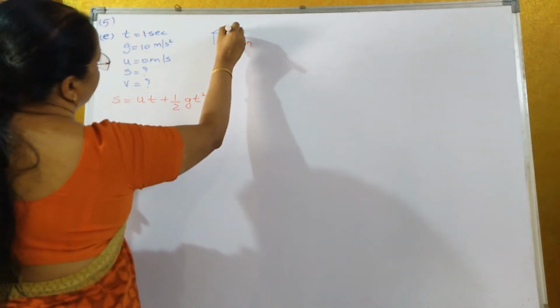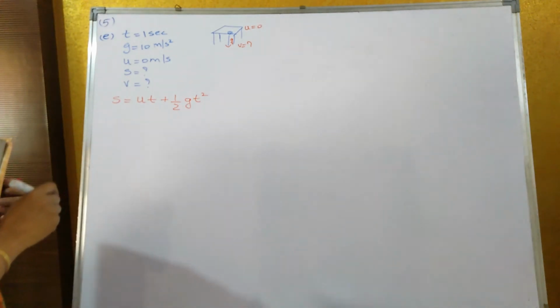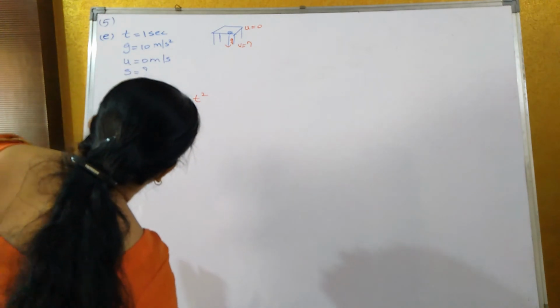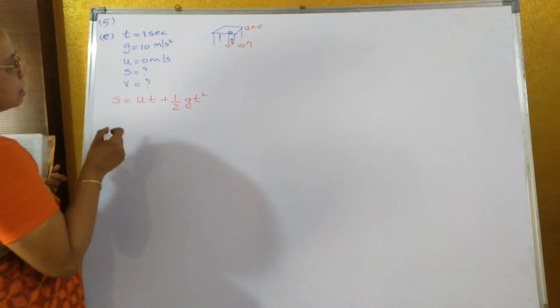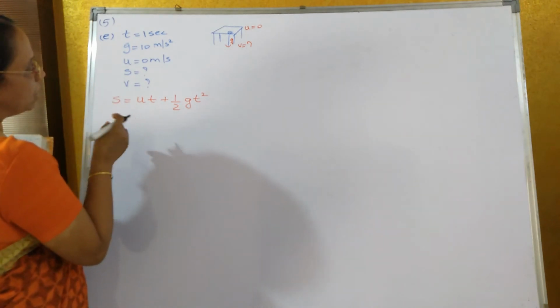When it was on the table, it was at rest, that is why u is equal to 0 over here. Now you have to use a formula, s is equal to ut plus half gt square. Why g? Because it is going towards the ground, acceleration due to gravity. Instead of a, you will take g.